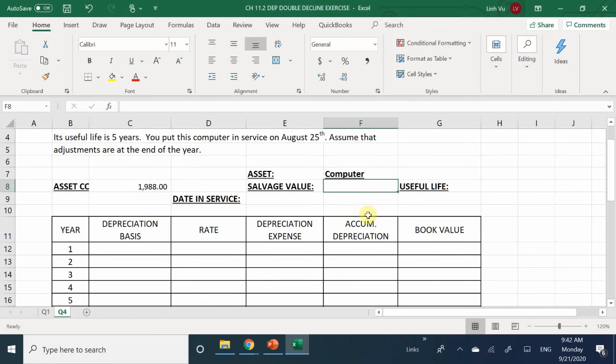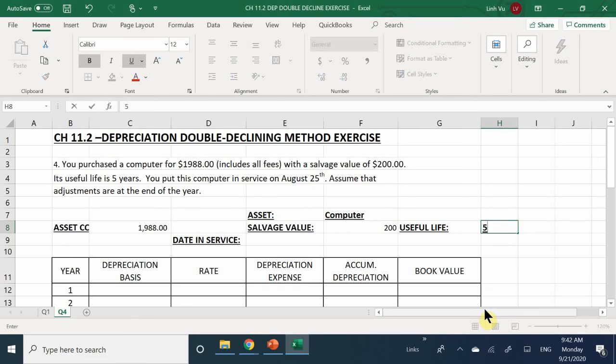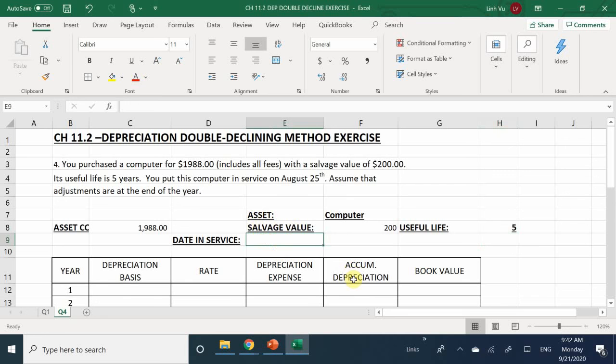What's my salvage value going to be? 200. What's my useful life? 5 years, okay? And the date placed into service? August 25th, okay?